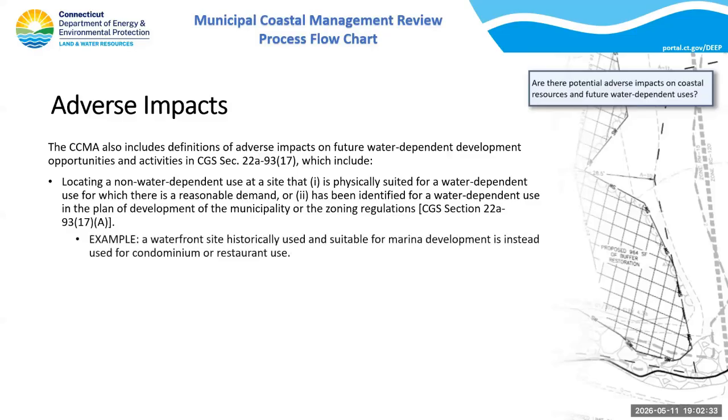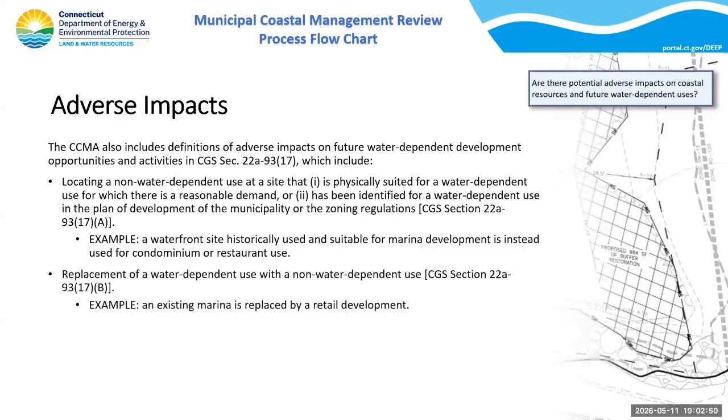An example of this would be a waterfront site that's historically used and suitable for a marina development is instead used for a condominium or restaurant use. There's also the replacement of a water dependent use that does exist with a non-water dependent use. So an existing marina is replaced by a retail development would be an example of that.